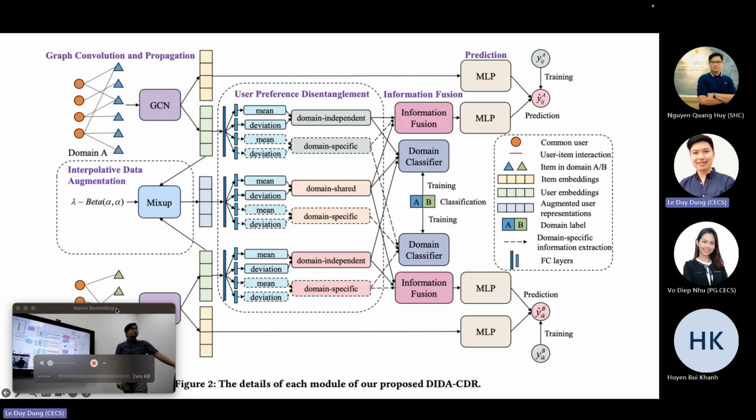It's like multi-objective in the model. This one is a prediction for domain A, and this one is a prediction for domain B, so there are two targets in this method. The two targets are represented by three loss functions, right?